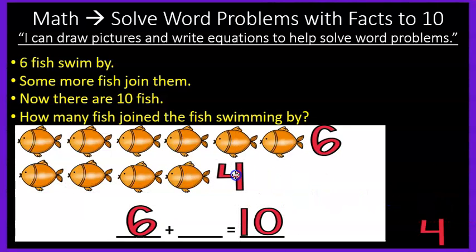I'm going to put 4 here because I know there are 4 fish now that joined these fish. So if 4 is here, boys and girls, what number goes here? 4. Good job. You're just going to reinsert that 4 there, okay? Now, we're finished now with this equation, okay?